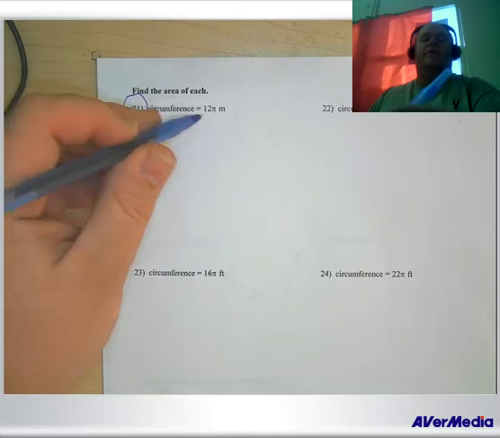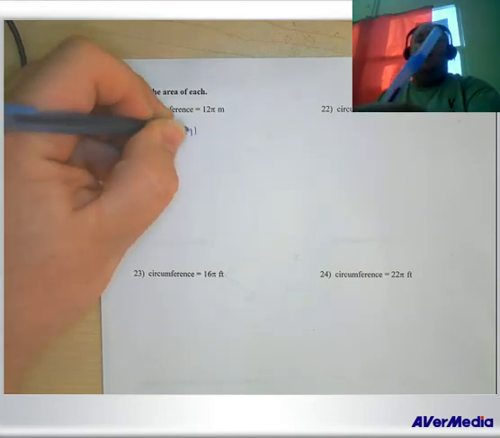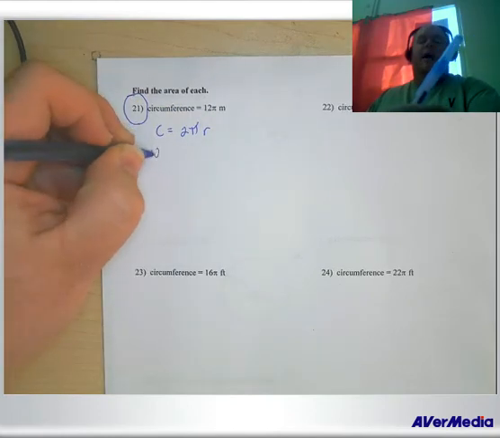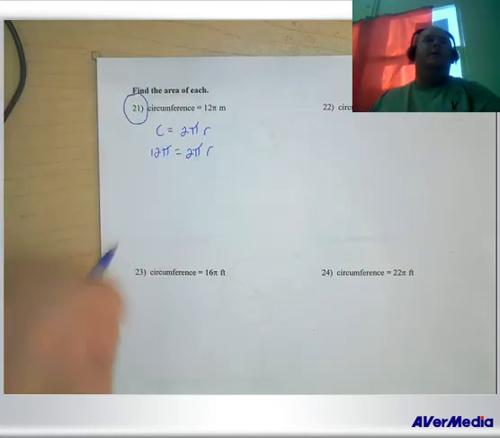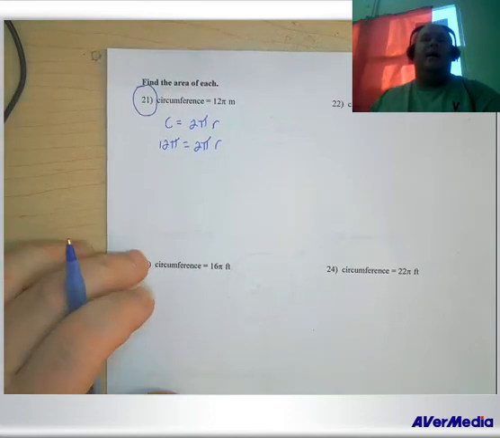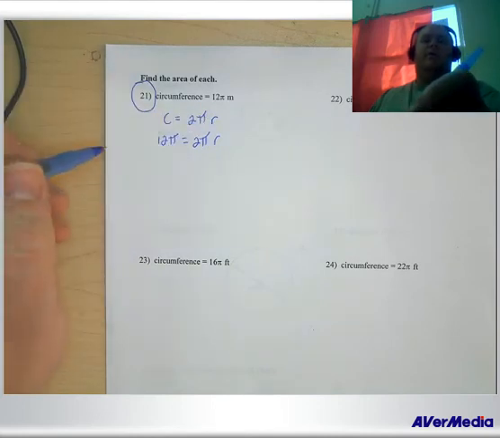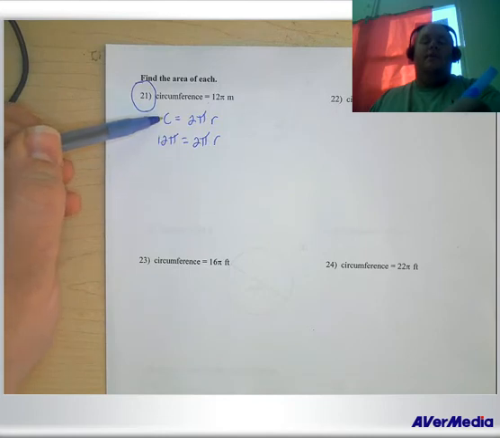So if we know the circumference is 12 pi meters, and we know circumference is 2 pi r, and they told us the circumference is 12 pi, couldn't I write the equation 12 pi equals 2 pi times r? All right, the reason why I can do that is we know circumference is 2 times pi times r. That's the formula for circumference. They told us the circumference is 12 pi.